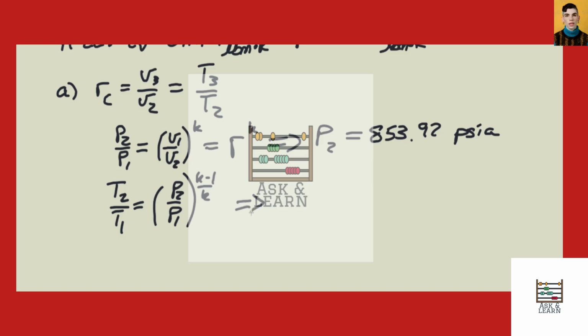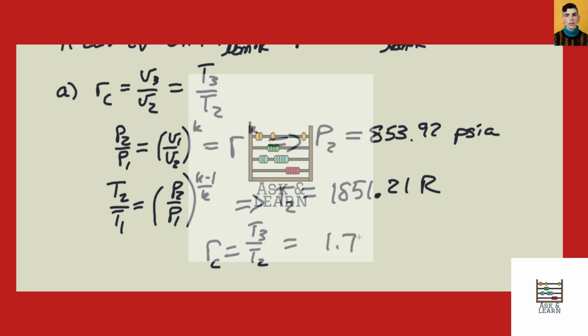Solve that for T2, and we get 1851.21 Rankine. And then we plug those temperatures into the equation for the cutoff ratio, and we get a cutoff ratio of 1.729.